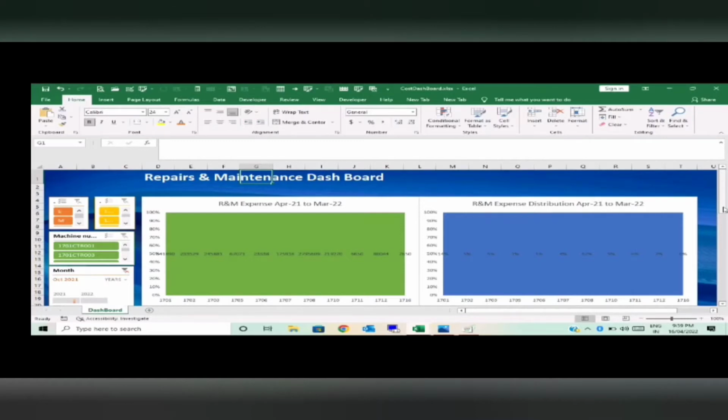In all three activities we are going to use some spares, that is an addition to the cost. So this is very important for the entire maintenance activity, because ultimately everything is because of the money only, right? So here this is the dashboard for that.